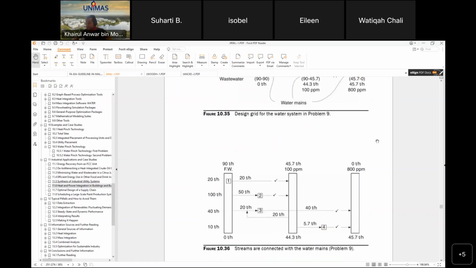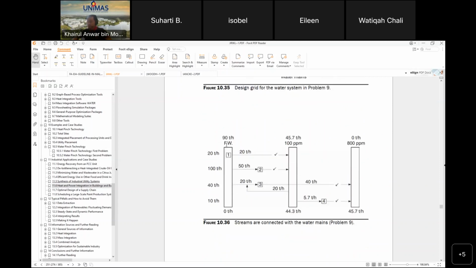Next, connect streams to the water main and merge operations that cross the boundary. This is based on the limiting flow rate. First is fresh water at 90 ton per hour. The limiting flow rate for the first operation is 20 ton per hour. For the second it is 50 ton per hour.